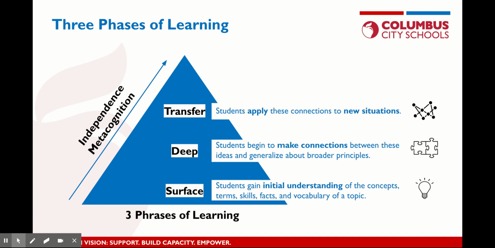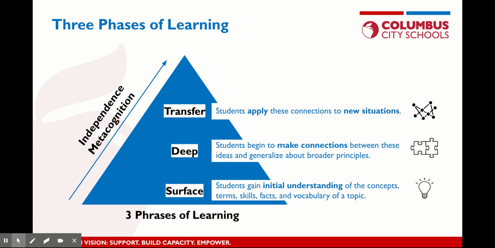So we have at the surface level students simply coming to understand what these concepts mean, and then they begin to consolidate their understanding, but still at the surface level before going to the deep stage of learning, which is where students begin to make connections between and among these ideas that we've looked at, these concepts that we've organized at the surface level.